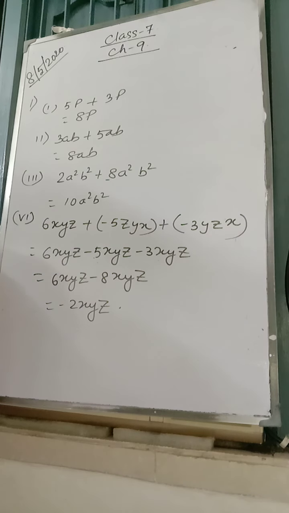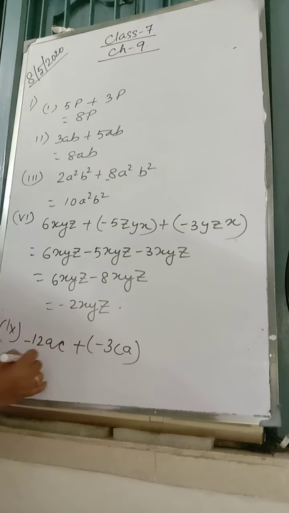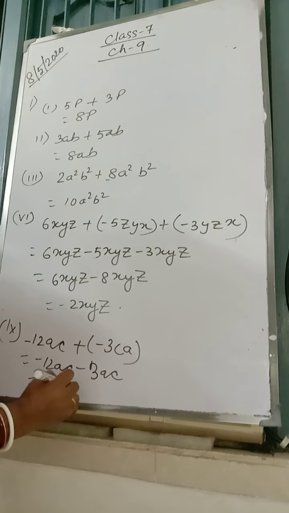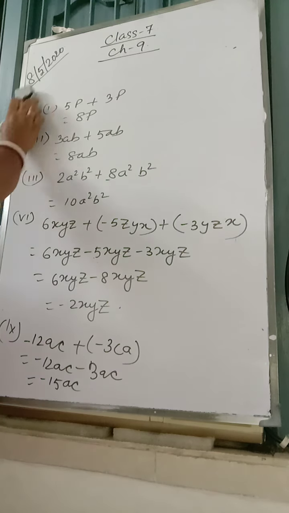Look at question number 9. Minus 12AC plus minus 3CA is the same thing. Minus 12AC plus minus 3AC. Our answer is minus 15AC. Okay. See number 10.